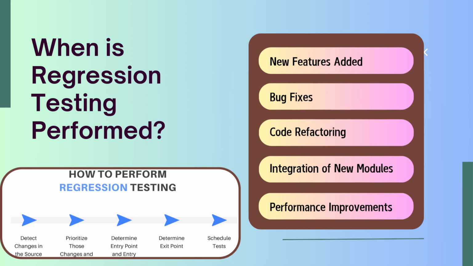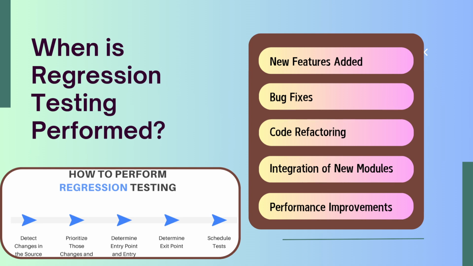Third is code refactoring, optimizing code structure without changing its behavior. Integration of new modules, such as adding a new API, third party integration or microservices. And last is performance improvement, where enhancements in speed or efficiency should not impact the functionality.